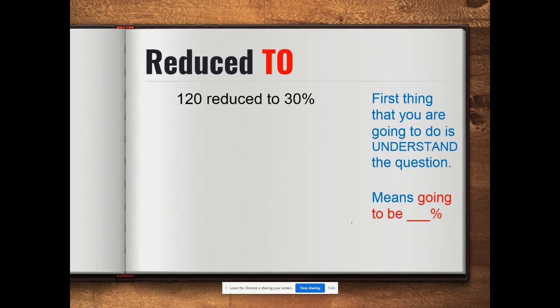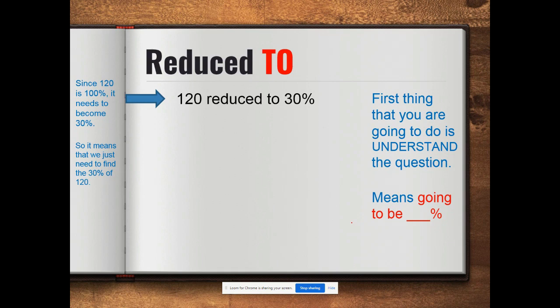So this time around, it's 30%. Meaning, 120 is 100% and it should go to 30%. So, since 120 is 100%, it needs to become 30%. So it means that we just need to find the 30% of 120.